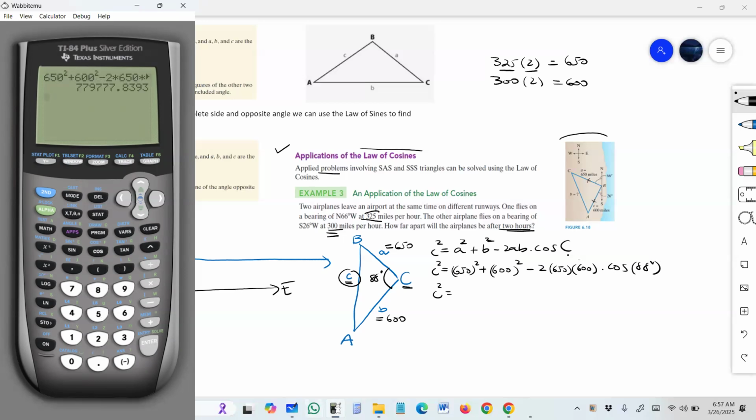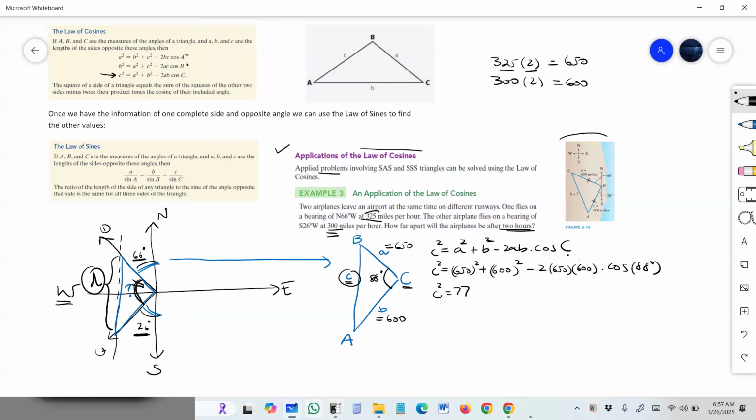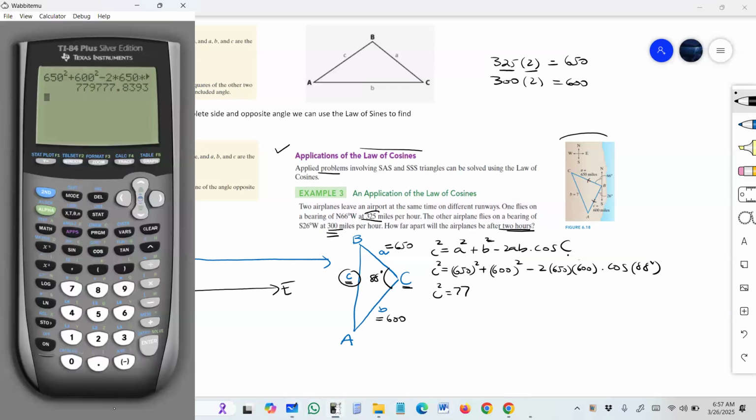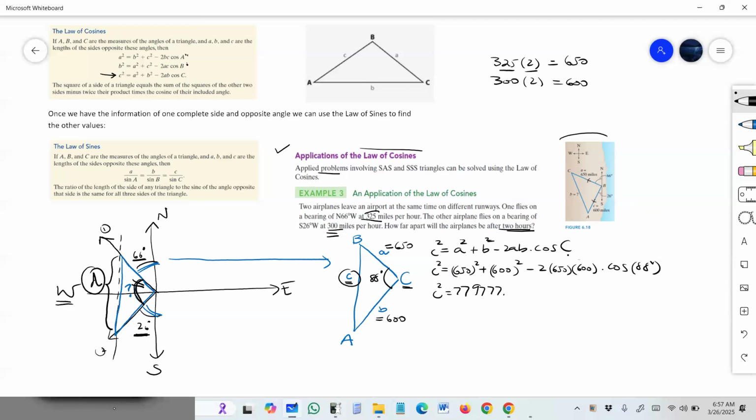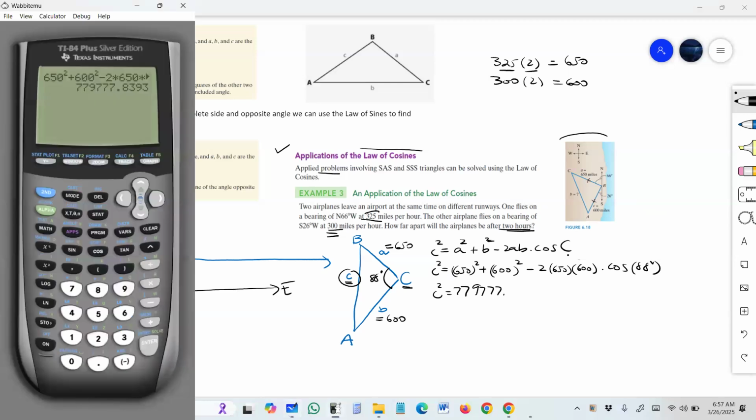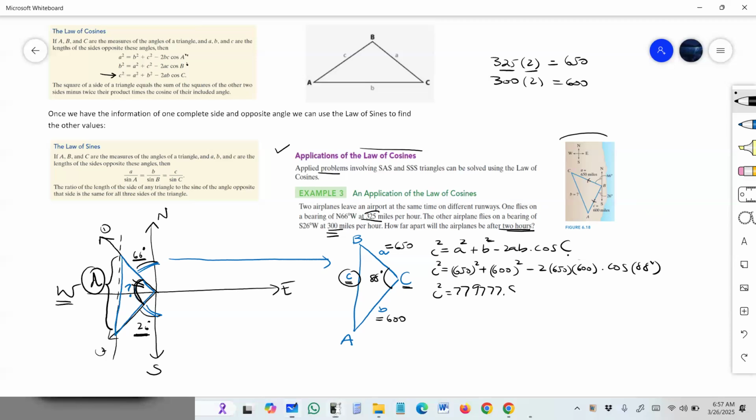And that is this gigantic number right here. I'm going to write it over here: 7797.83.